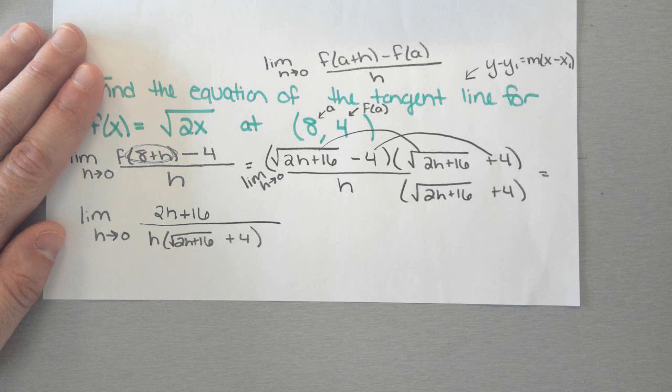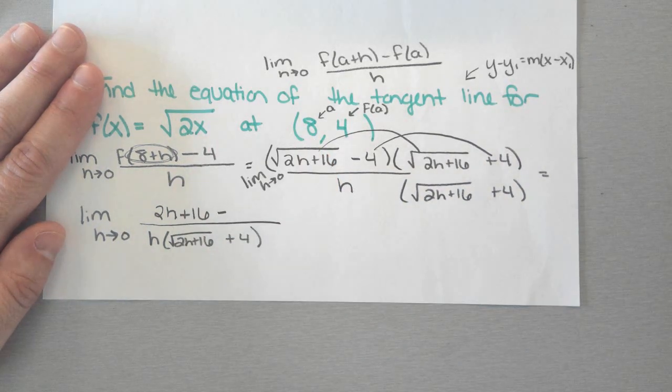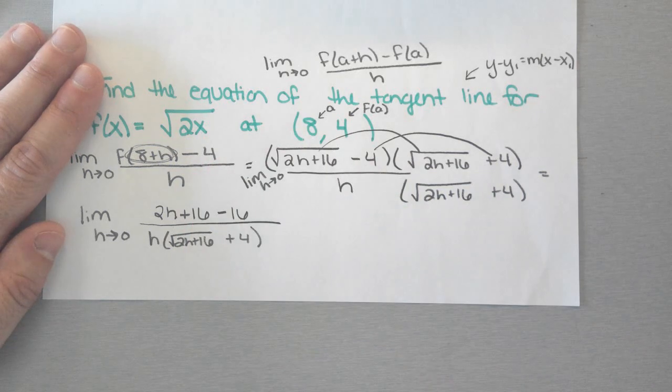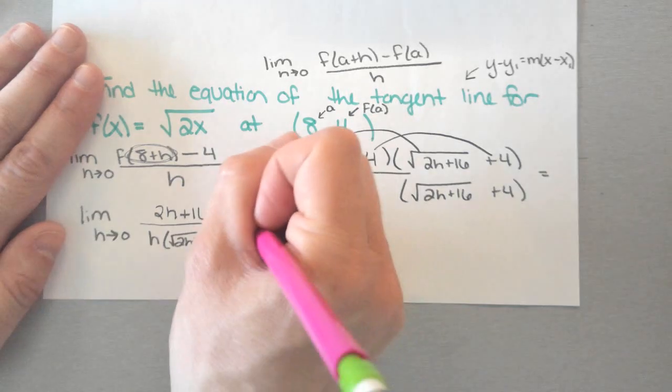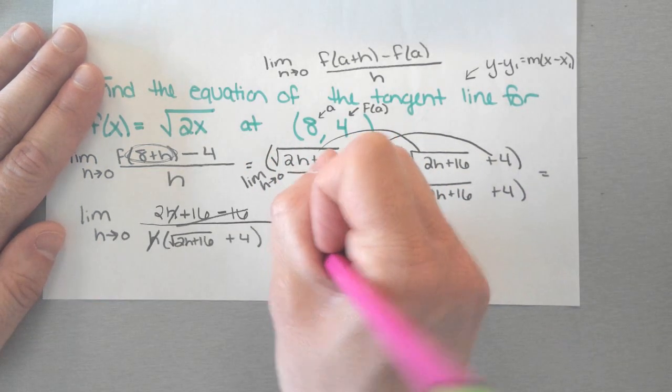What do I get there? Negative 4 times positive 4. Negative 16. Make sure your phones and other stuff are away and you're with me, please. What happens to my 16? Boom, gone. Then I can cancel this h and this h with each other.